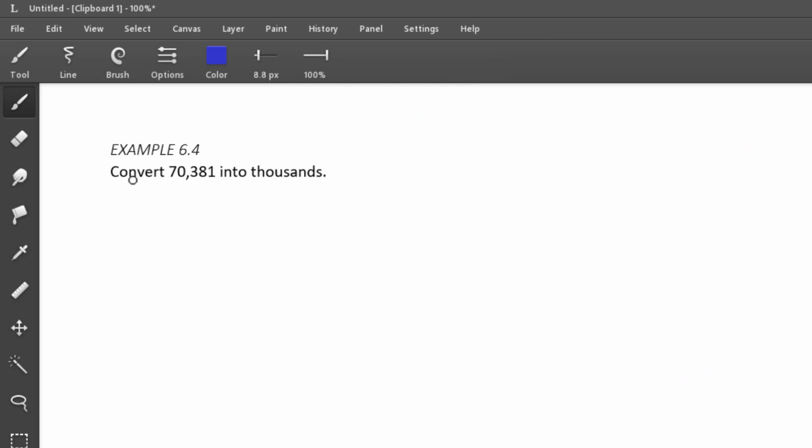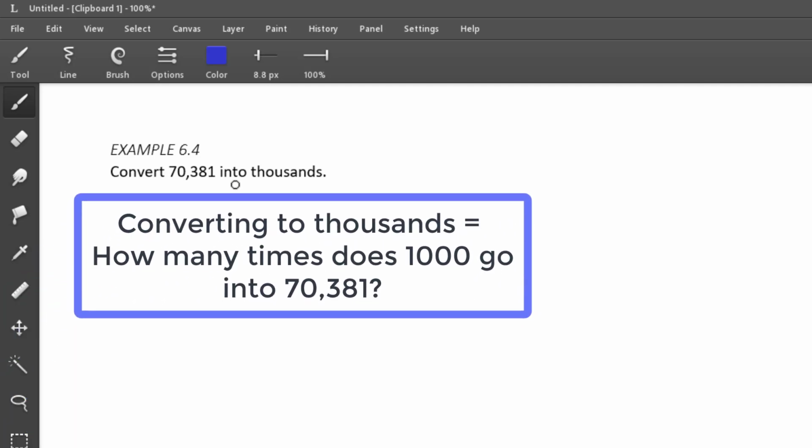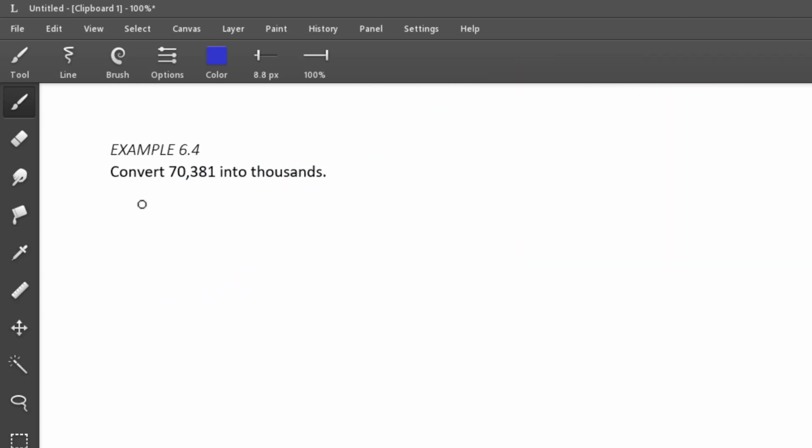To convert a number in ones into thousands, what you're trying to do is find out how many times 1,000 goes into this number. That's what the answer in thousands is. So to convert 70,381 into thousands, we would simply take 70,381 and divide by 1,000.